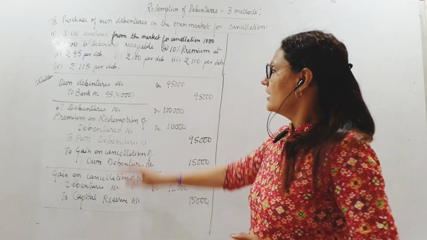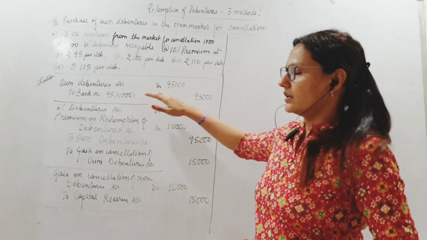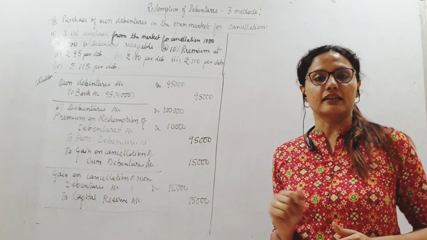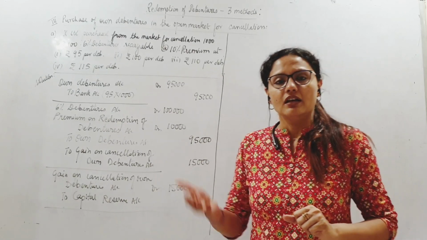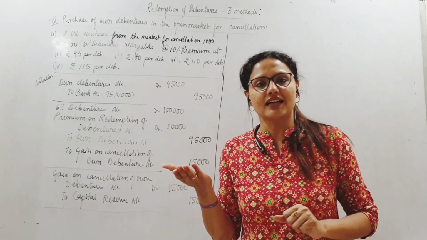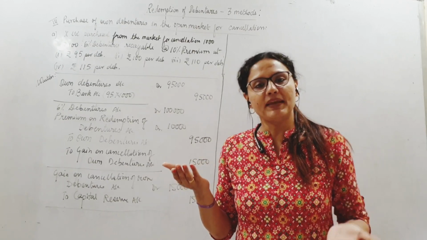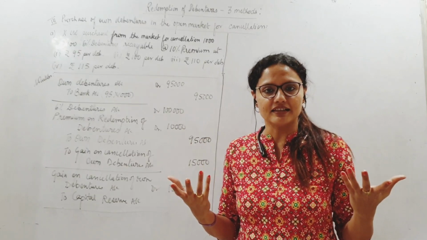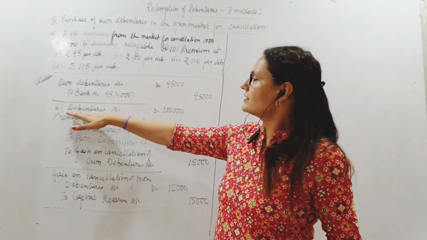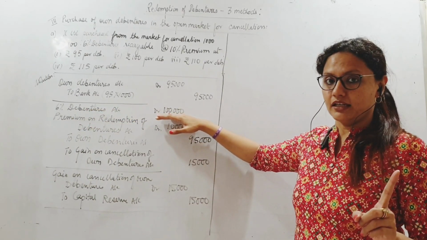Let us see. First, own debenture account debit to bank. 95 per debenture. So I spent how much? 95,000. I had to repay 110, and I am paying only 95. Obviously, clear cut gain, isn't it? So, debentures account will be debited 1 lakh nominal value.